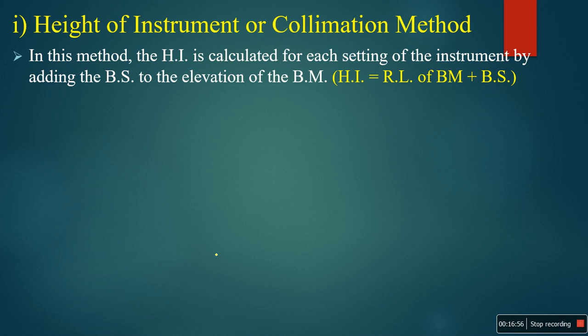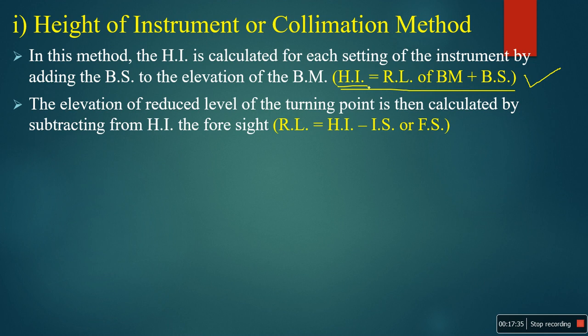For finding the HI, we add the backsight taken with respect to the known elevation, or elevation of the benchmark. In general, the formula for the height of instrument is RL of benchmark or RL of the staff station plus backsight. This gives us the height of the instrument with respect to the datum line.